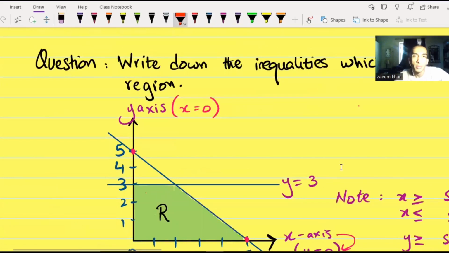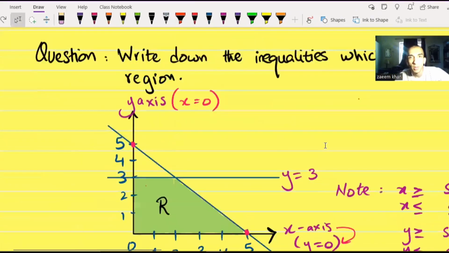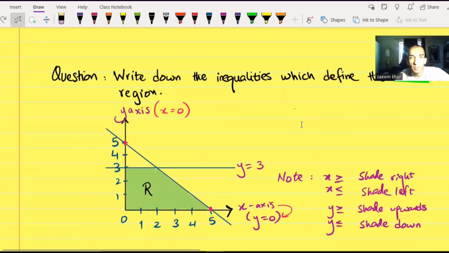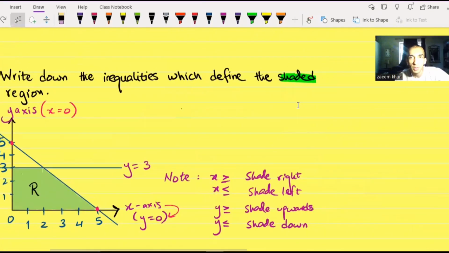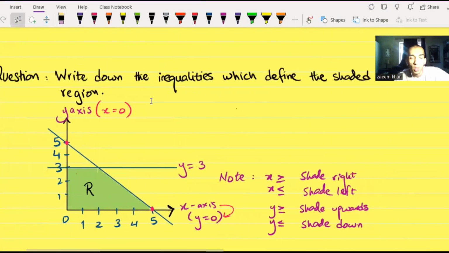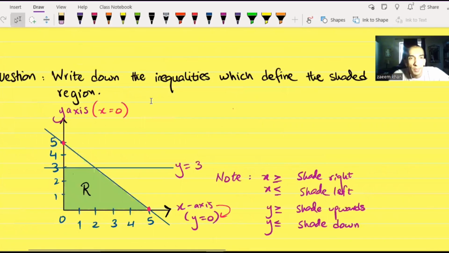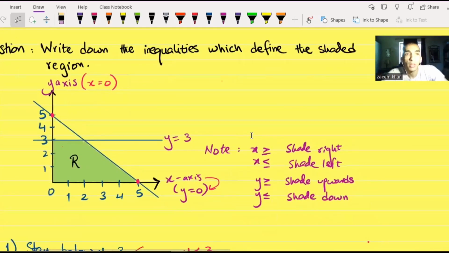Now the question says, write down the inequalities which define the shaded region. This is another type of question where, instead of asking you to shade the region, they've already given you a shaded region R, and they're asking you to tell the entire set of inequalities which bound that region.